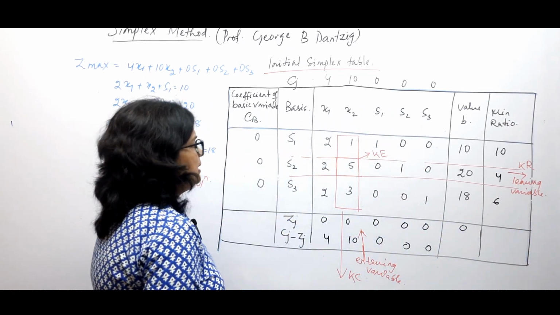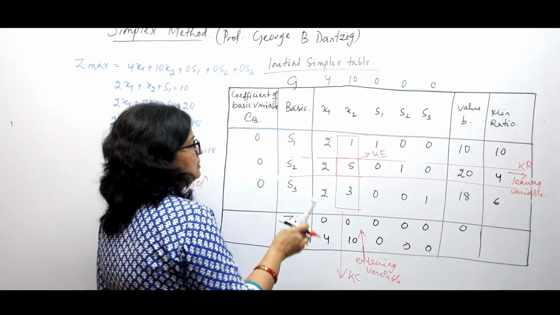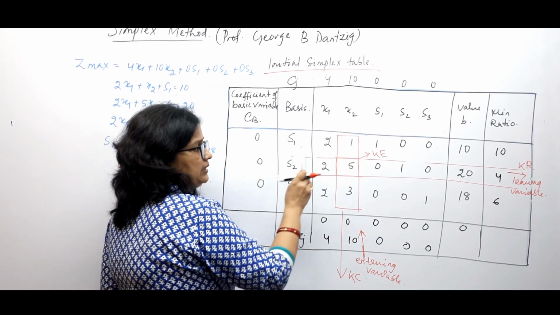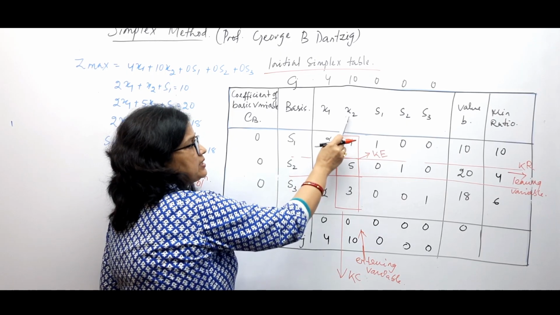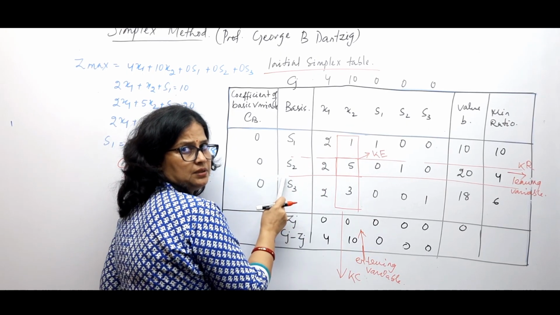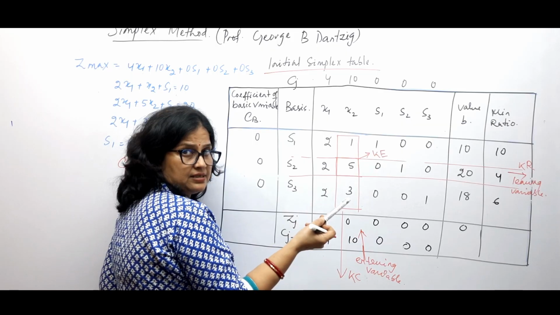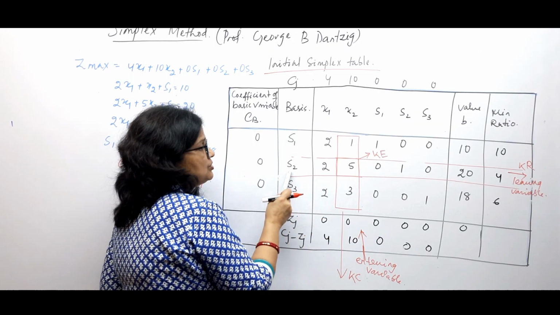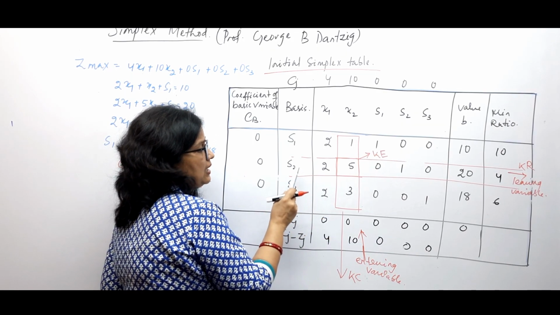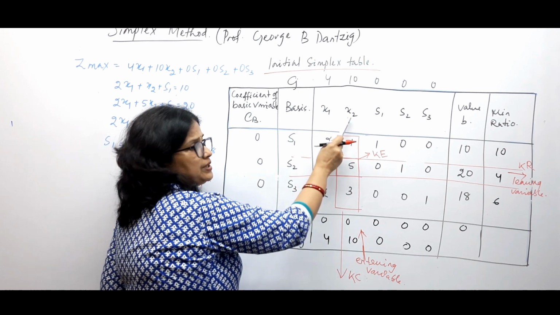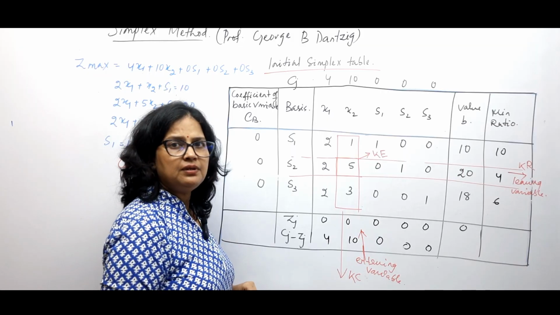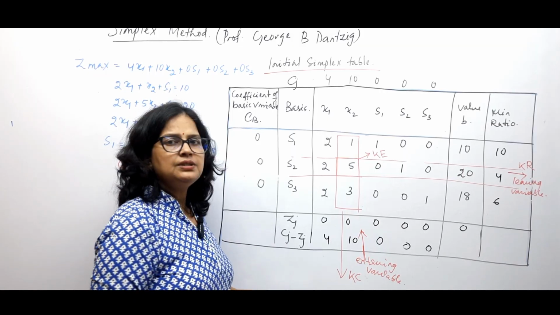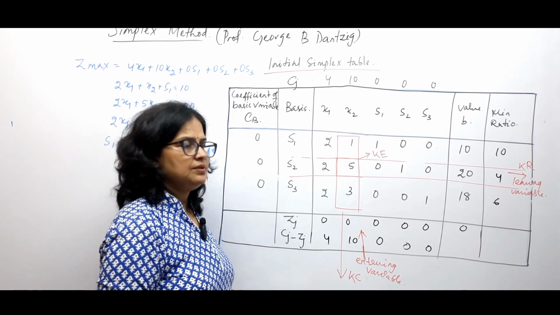Means in our next table, S2 will leave the table, and in place of S2, X2 will enter the table. So let us go for the next table.